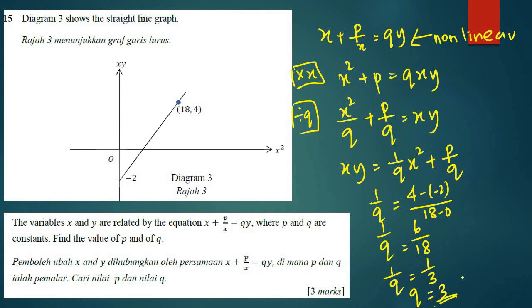For p over q, it is the intercept, negative 2. So p equals negative 2 times q, which is 3. So p is negative 6. All clear? Okay.